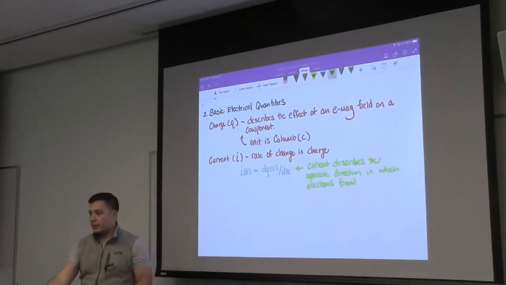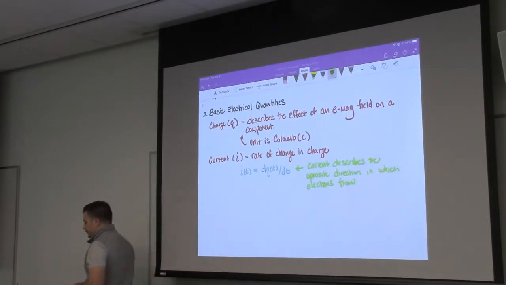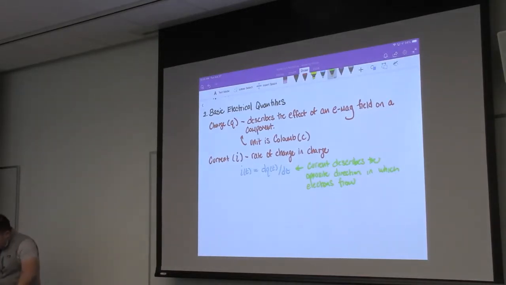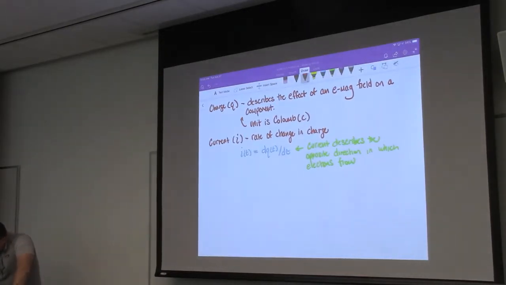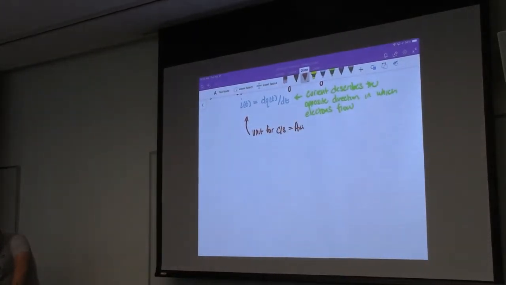It's attracted to the negative terminal. Whereas the electron actually is flowing from the negative to the positive terminal and is attracted to the positive terminal. Okay, the unit for this is coulombs per second, which is also referred to as the ampere.